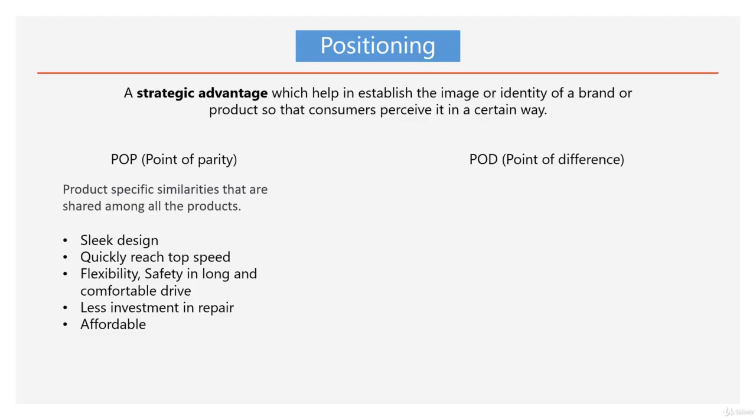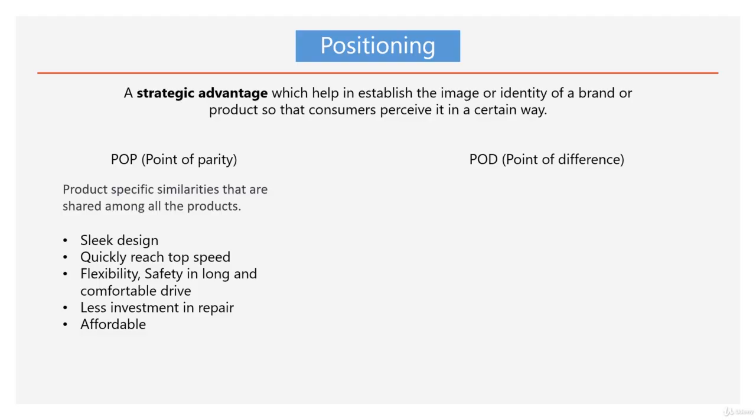And any car should have a very basic feature of less investment in repair and should have an affordable price. So these are few very basic things which every car should have, and these are very common in almost every car. So these are point of parity, which means that all these features are common in all products, and all these specifications should be there in all products because these are very basic features.